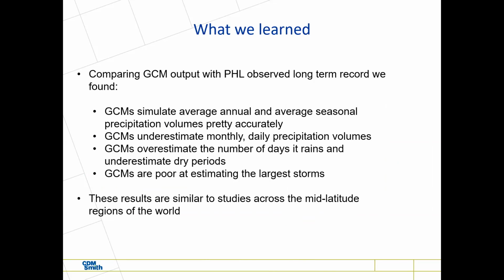They tend to underestimate monthly, and they grossly underestimate daily precipitation volumes, and they overestimate the number of days it rains and underestimate the dry periods. And they are also very, very poor at estimating the largest storms. So this is a real problem when we're talking about urban stormwater applications. In essence, we cannot use directly the GCM output.